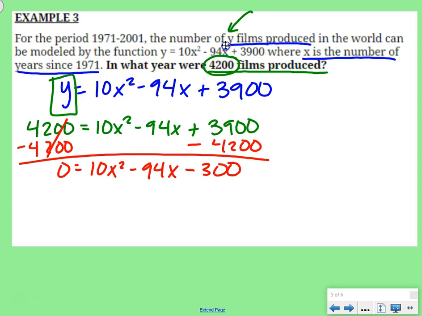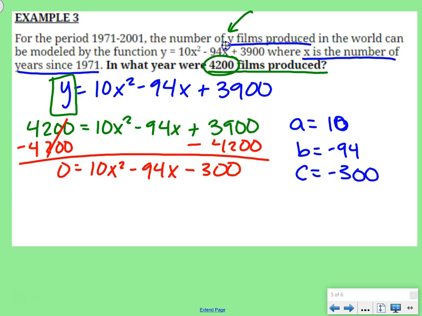Now we can use the quadratic formula. Identify your A, your B, your C. A is 10, B is negative 94, and C is negative 300. Again, those signs come with the numbers.